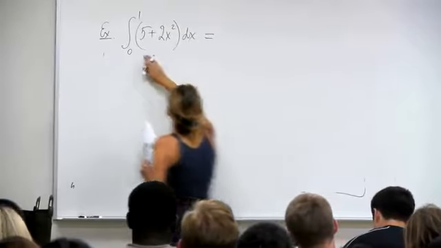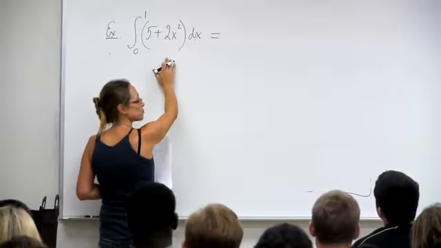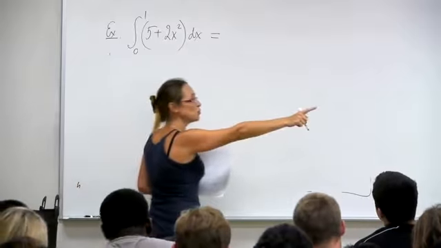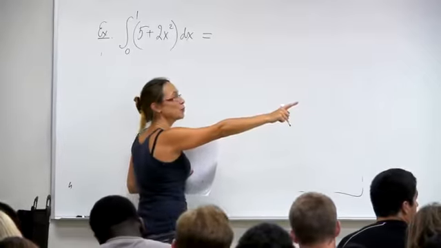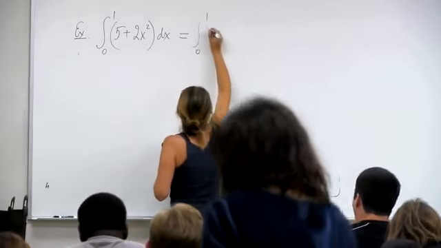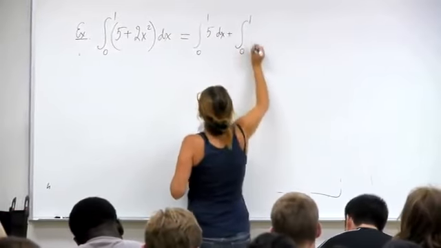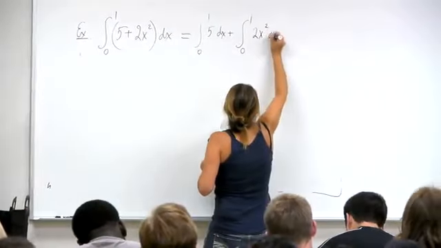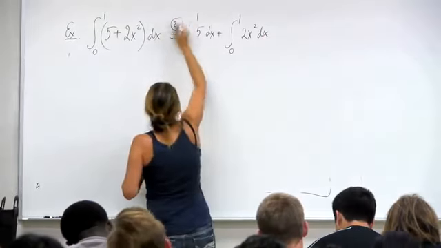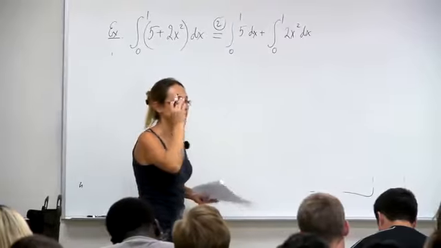So we notice that the integrand is the sum of two functions. So by rule number 2, I'm going to present it as the sum of two integrals. So this is rule number 2. I can evaluate them separately.